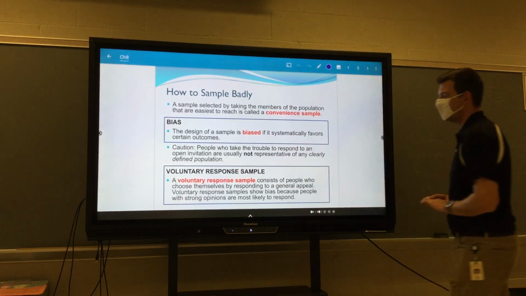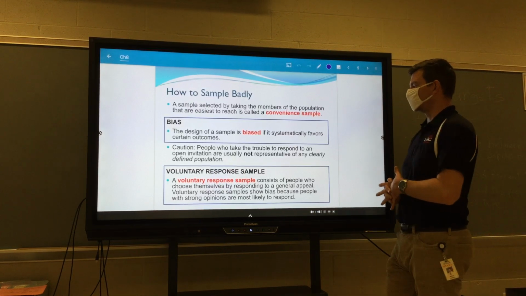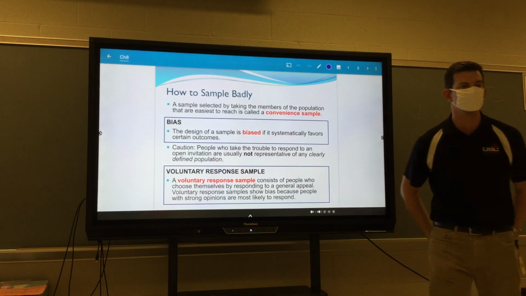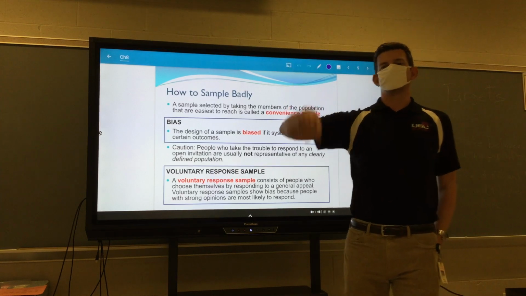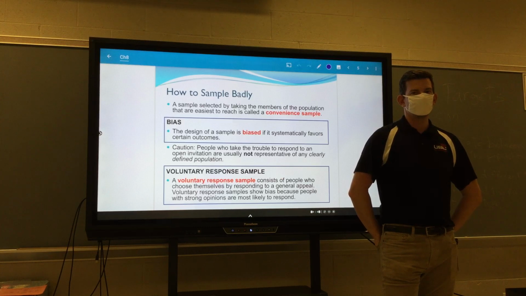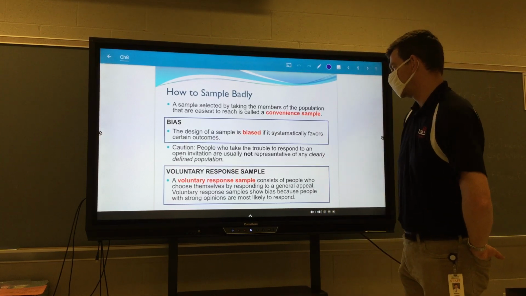There's a caution. People who take the trouble to respond to an open invitation are usually not representative of any clearly defined population. Okay? People who just answer some question because it's right there, well, that's not representative of a bigger population of interest. Okay?